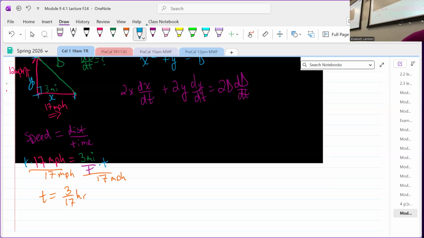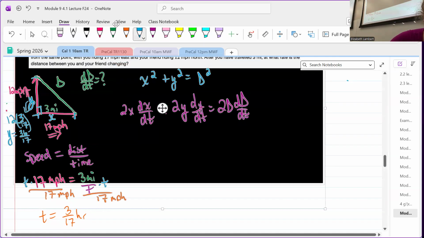So that means our y distance is going to be the 12 miles per hour times the 3/17 of an hour. So y is 36 over 17.